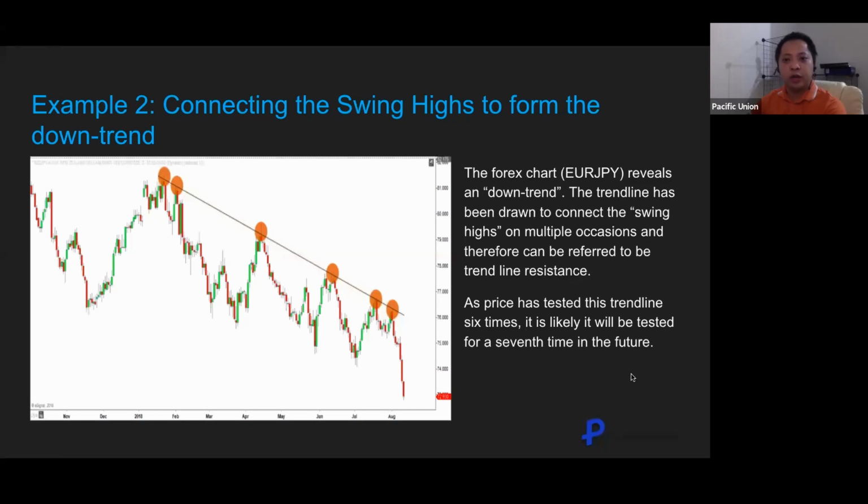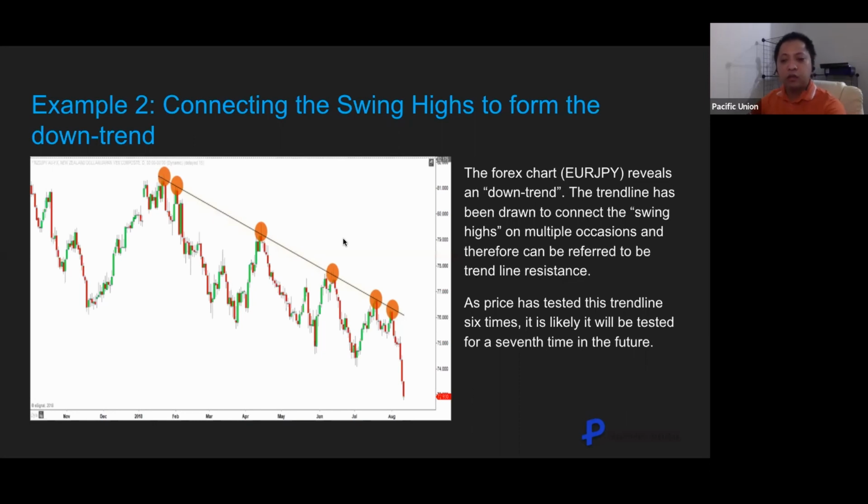Here's another example. This is a downtrend, and this chart is the Euro Yen. All right, same thing in here. Okay, this is a downtrend, and there are one, two, three, four, five, six times that the trend line supported the price, and you would consider this as a trend line resistance.